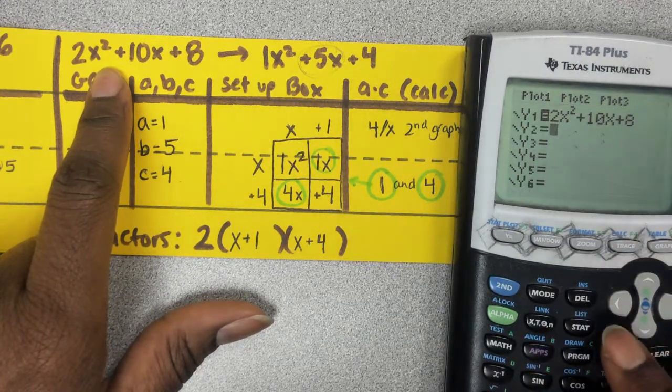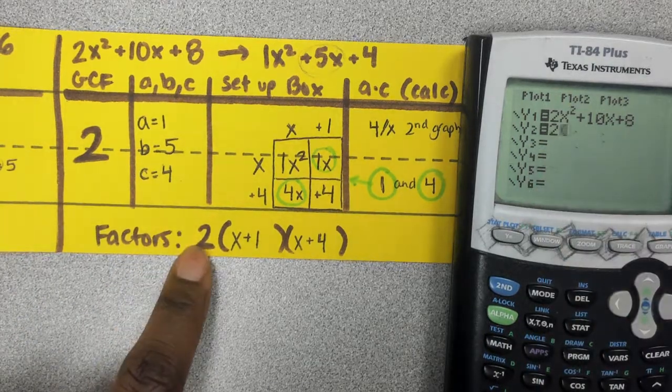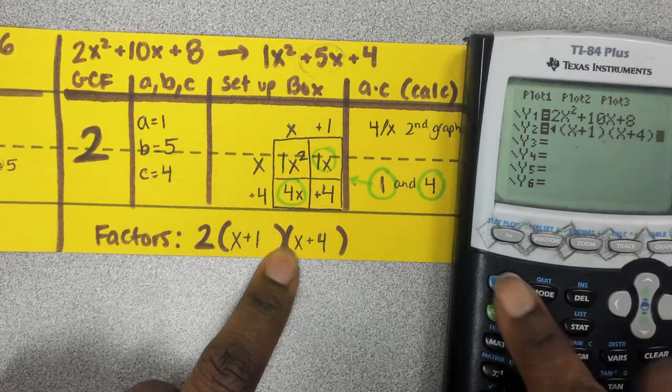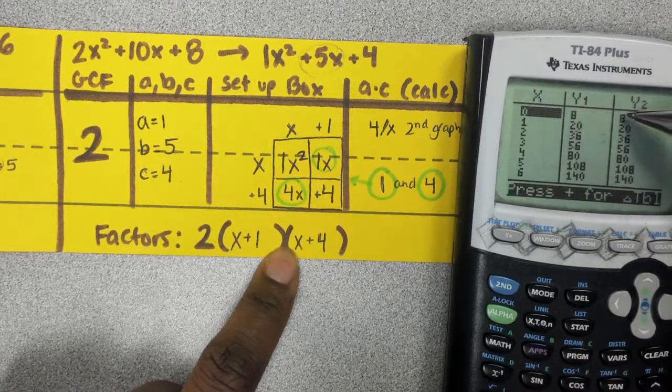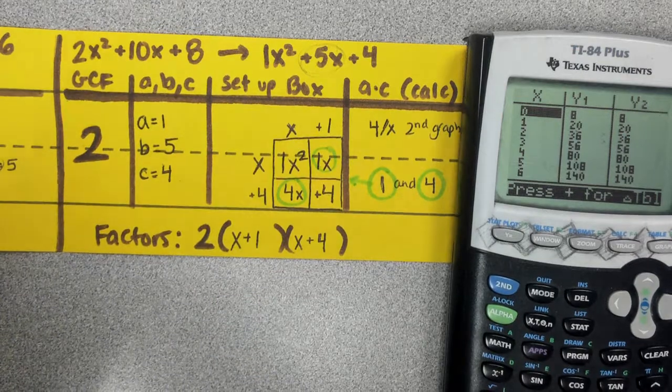If you need to pause the video because I'm moving too fast, then go ahead and pause it. And in the y2, put the 2 parentheses x plus 1 parentheses x plus 4. And press second graph. You got to make sure these are equal, and that's equal, and that's equal. That means they are equivalent. So good, I got it right.